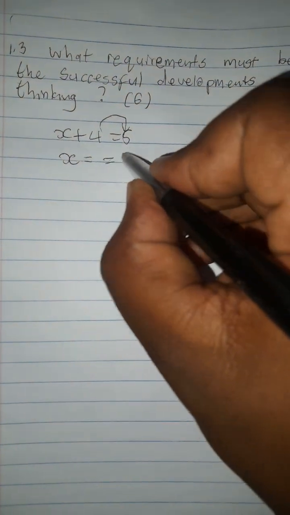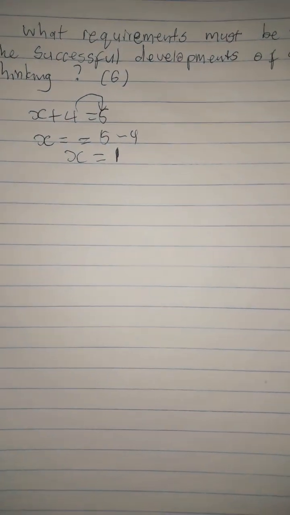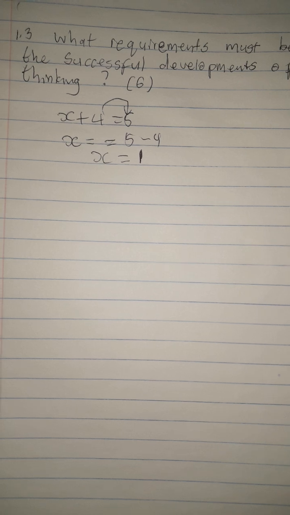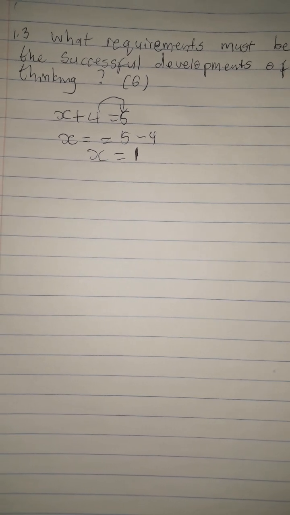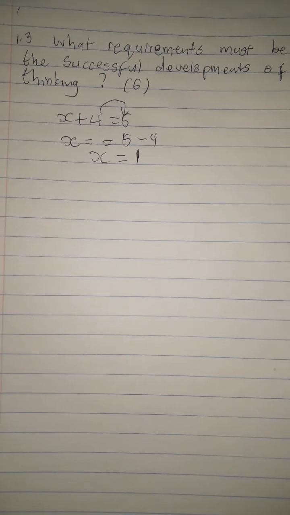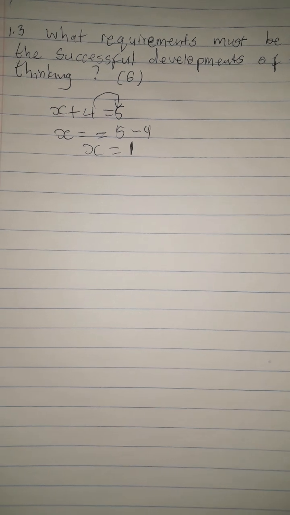I'm going to have 5 minus 4, which is 1. You must know those things. I hope you've noted these 3 things: strong foundation in arithmetic, understanding of variables and patterns, and familiarity with algebraic notations. That's what 1.3 requires us to do.